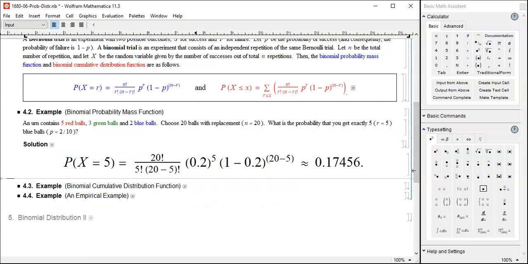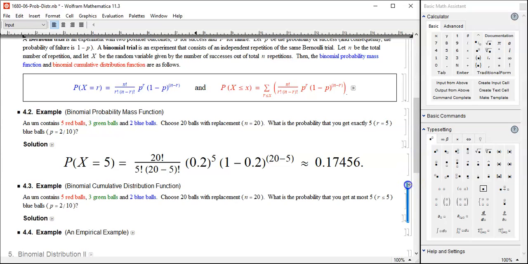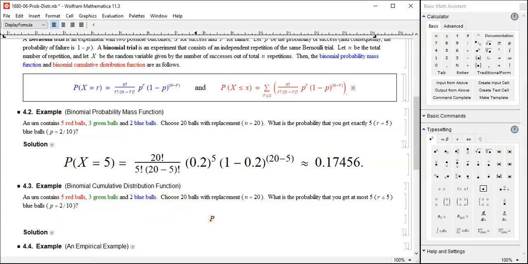Okay, how about the next example? Let's talk about the cumulative distribution function this time. And it is about the probability that you get at most 5. So this is for exactly 5. And at most 5, we are talking about this. Probability x is less than or equal to 5.